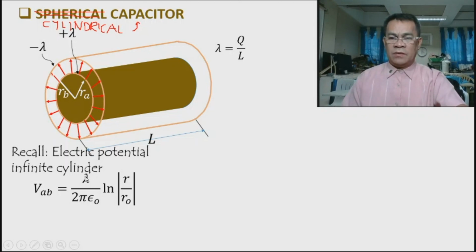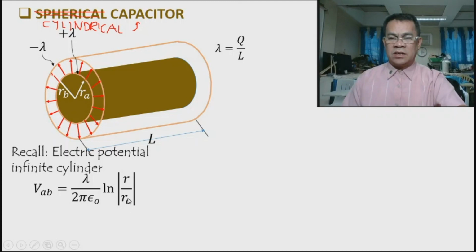is equivalent to the linear charge density divided by 2 pi permittivity, times the natural logarithm of R over R naught, where R is the distance from the center outside the surface, and R naught is the radius of the circle or the cylinder.